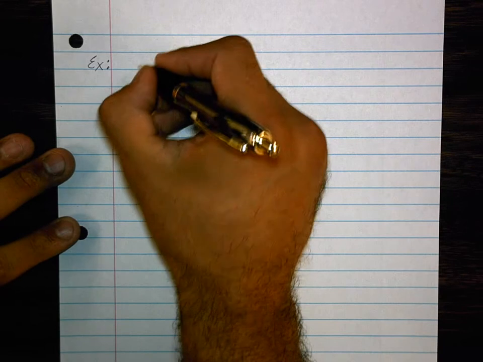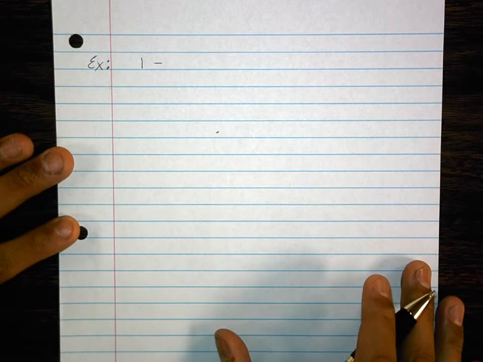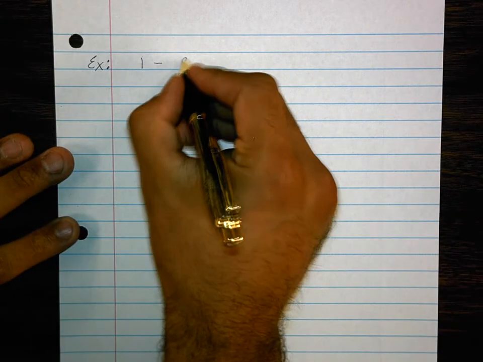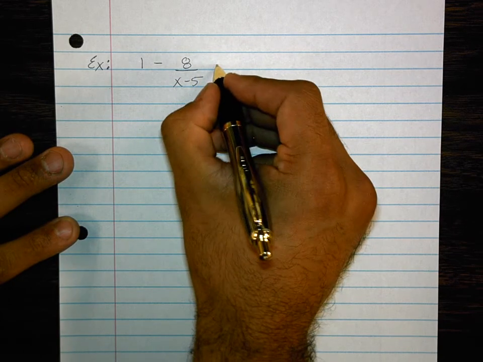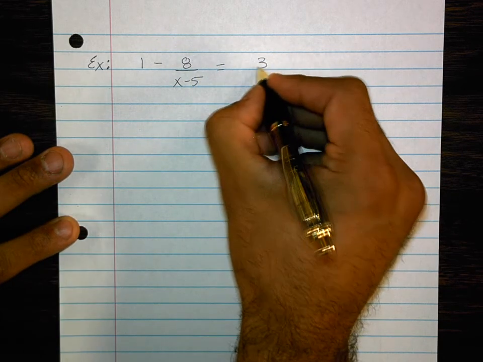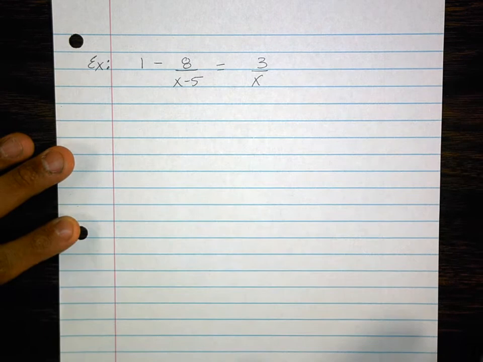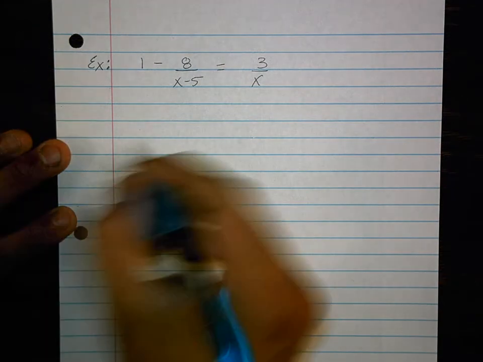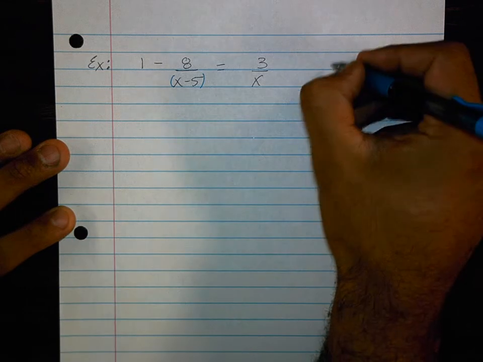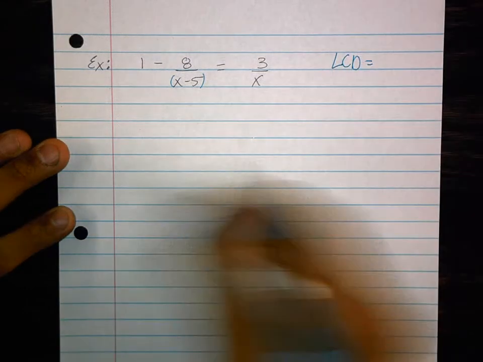1 minus 8 over x minus 5 equals 3 over x. And so now I have to go ahead and find my LCD, and remember this is a binomial, so my LCD has to include a little bit of everything.